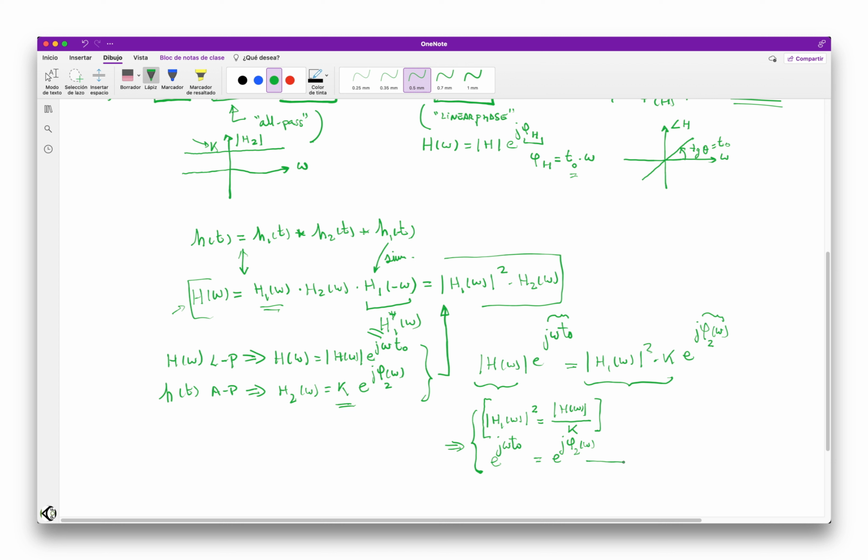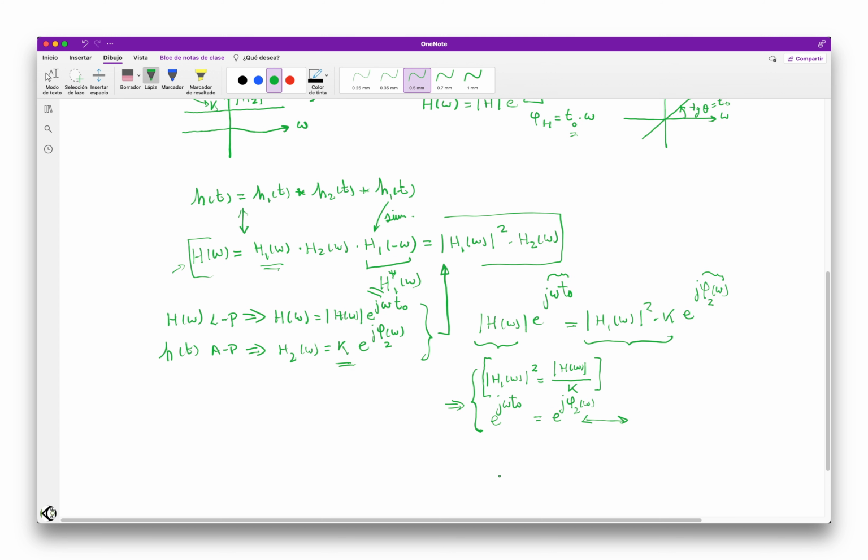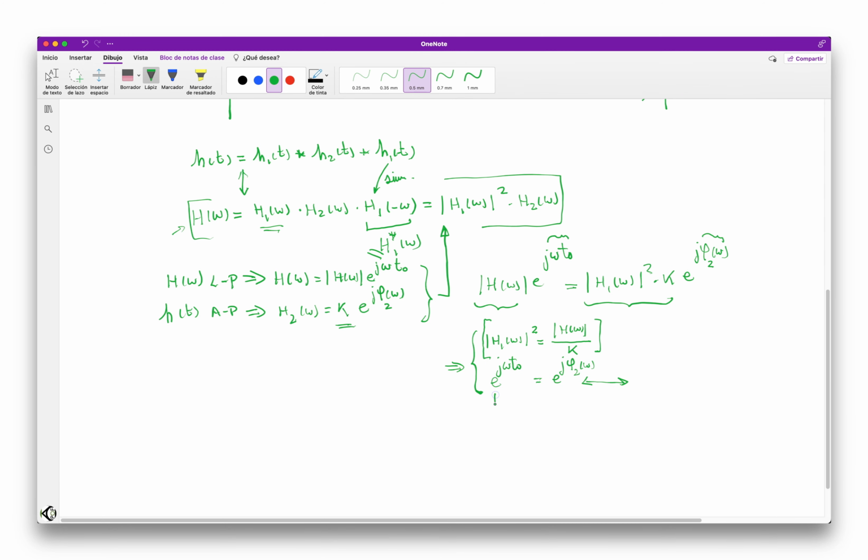And for this one, we do a Fourier transform in time. If we just take into account that H2 of omega is a constant times the exponential of j phi sub 2, this is what we got because it is an all-pass, then applying this, H2 of omega will be the constant times e to the j omega t0.